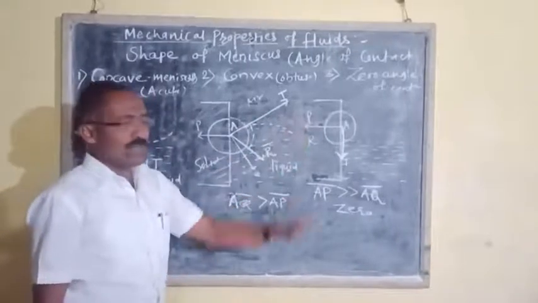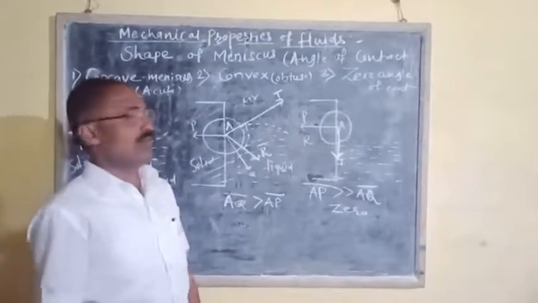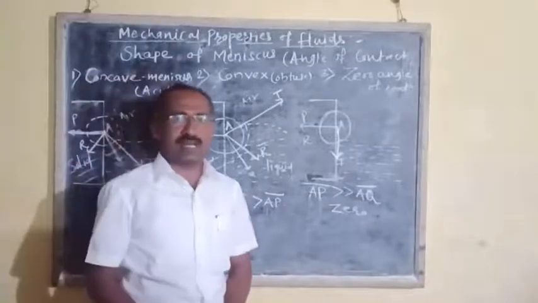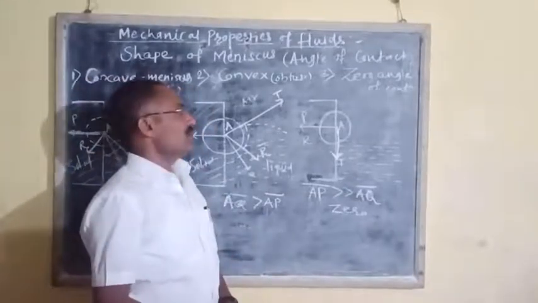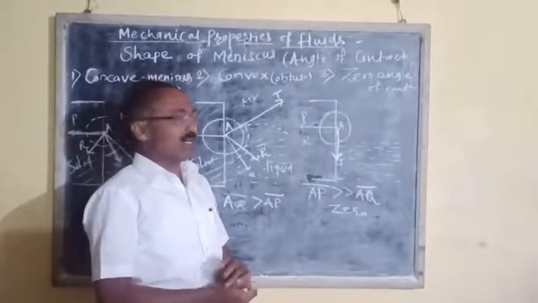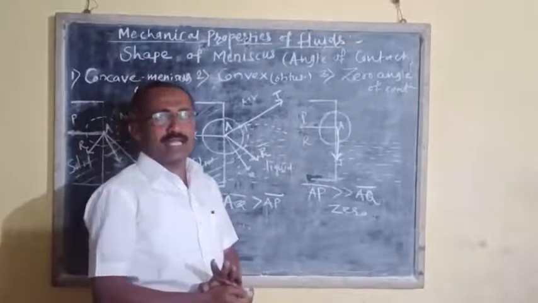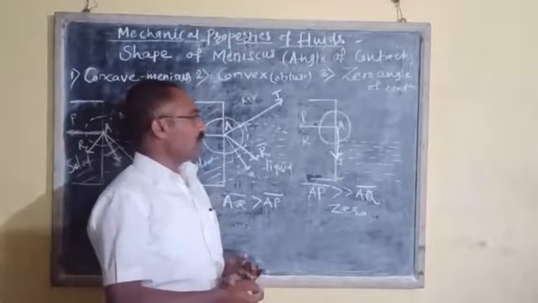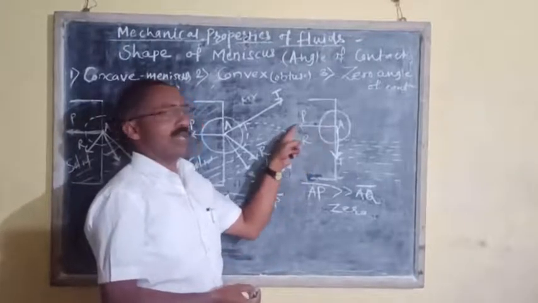And in case of a liquid which completely wets the solid, for example water in contact with glass, the cohesive force will be negligible. AP bar, that is the adhesive force, is greater than AQ bar, that is the cohesive force, and therefore the resultant lies along AP bar.